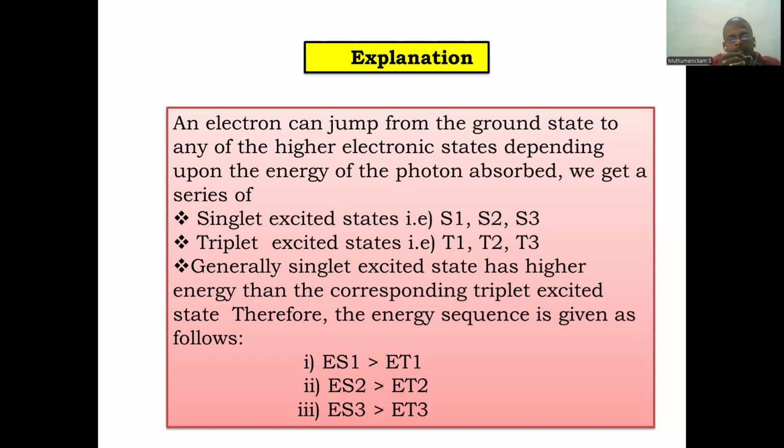Generally, the singlet excited state has higher energy than the corresponding triplet excited state. It is shown here as follows: the energy of the singlet excited state is greater than the energy of the triplet excited state. Similarly, ES2 has higher energy than ET2.